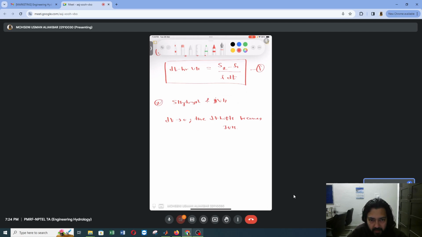So when dt is tending towards 0, the left hand side term becomes the instantaneous unit hydrograph.